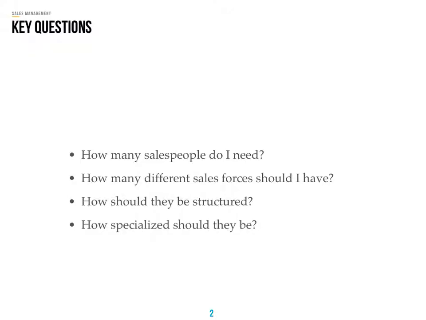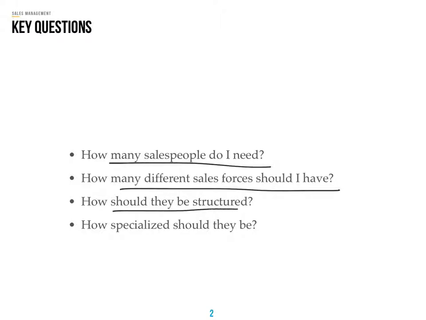Okay, there are different questions that we can discuss here. One is how many salespeople do I need, the sizing, which is what I'm going to discuss next. Then how many different sales forces should I have? For instance, I'm a pharmaceutical company: a sales force for diabetes, another sales force for oncology, or should all people sell all of the products that I have?